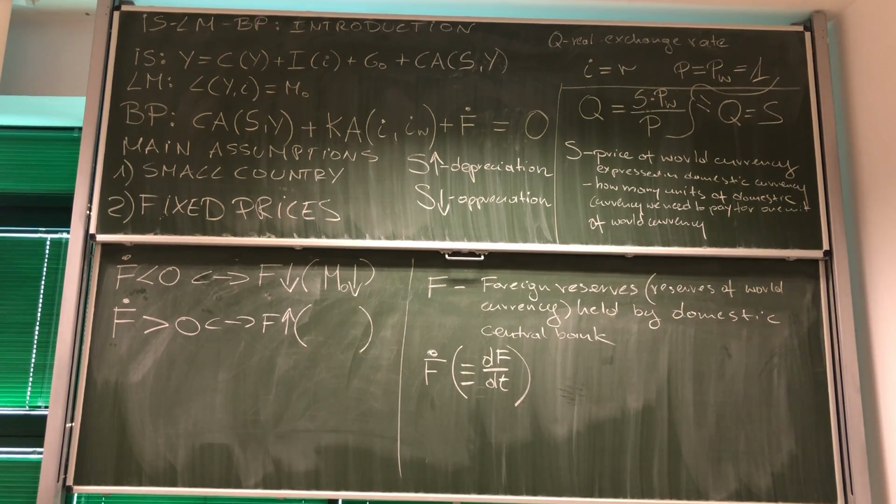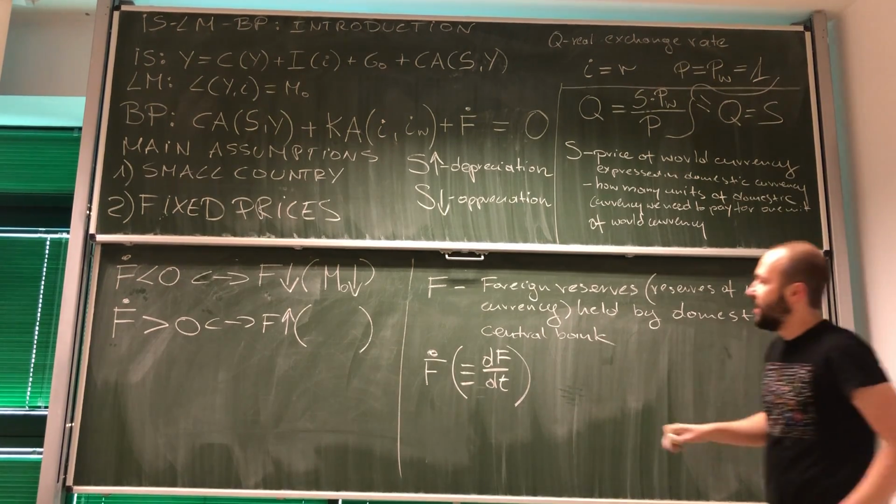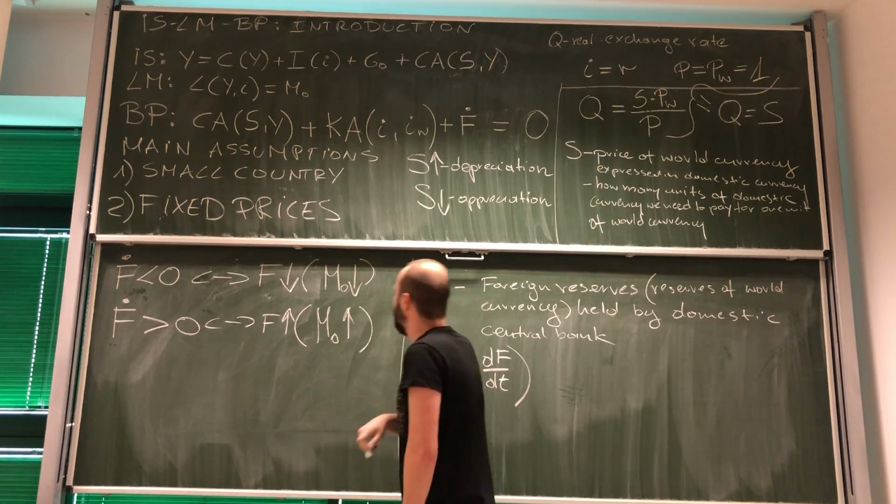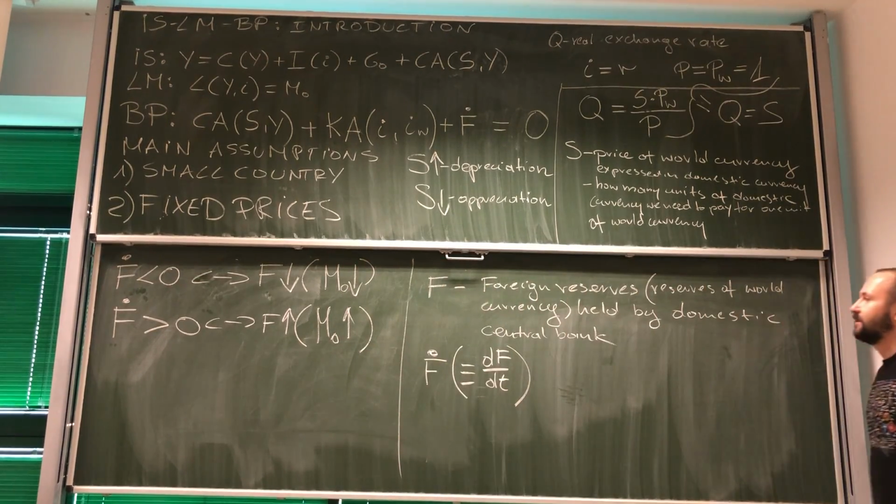When foreign reserves go up, it means that the central bank is using domestic currency to purchase foreign currency. So the money supply of our currency goes up.